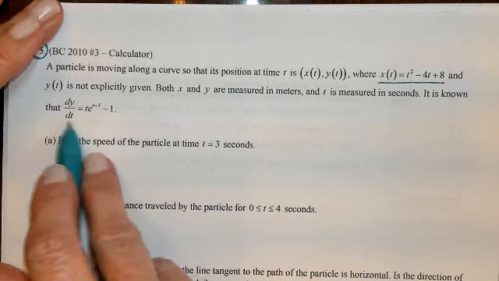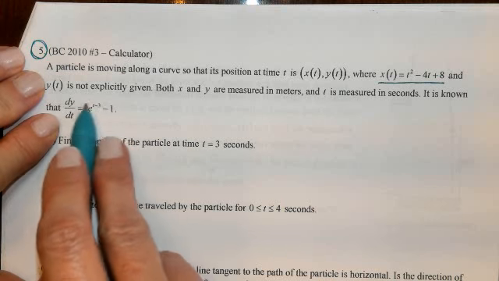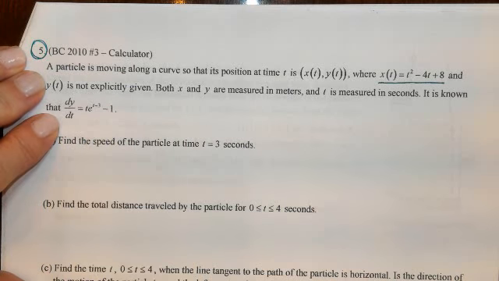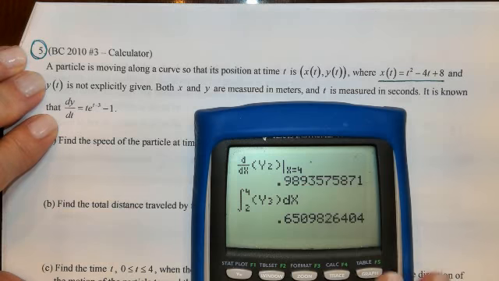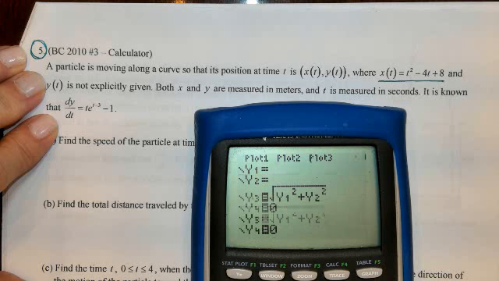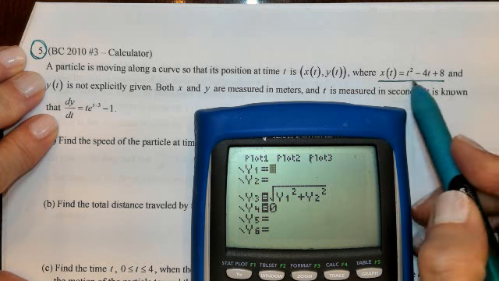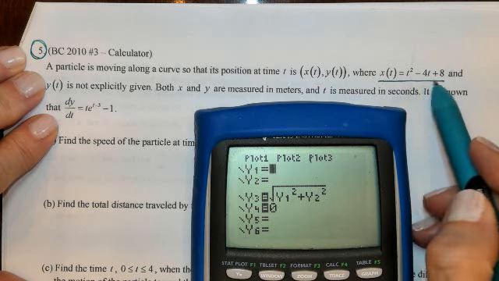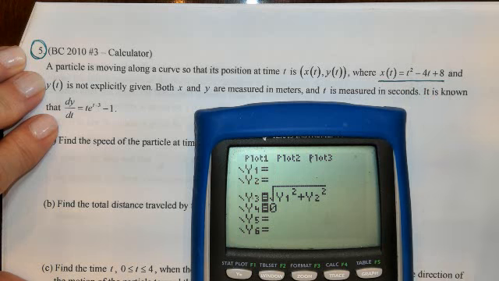It is known that dy/dt is equal to this function. So in your calculator, remember that we always like to put x prime and y prime in for y1 and y2 respectively. So I'm going to put x prime in for y1. X prime is 2t minus 4, right?